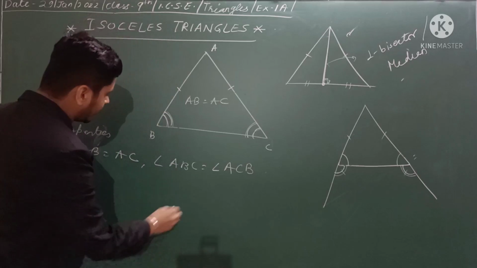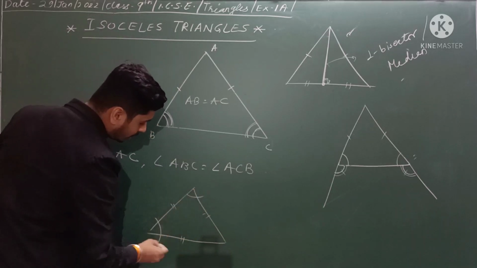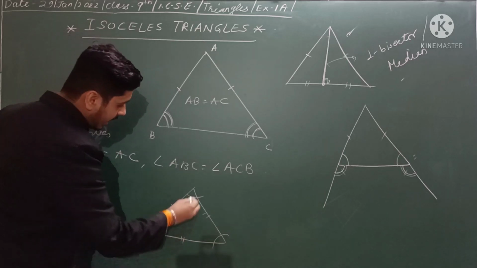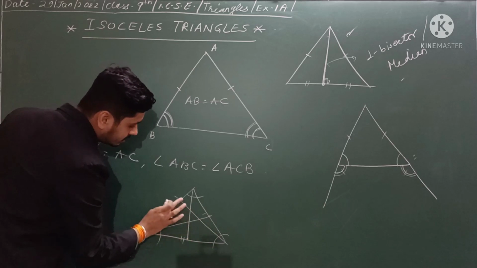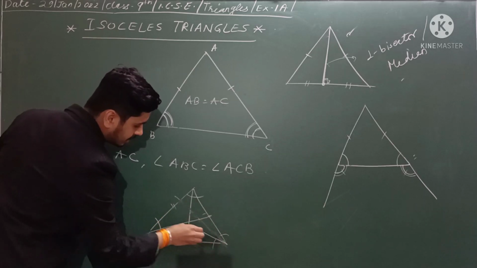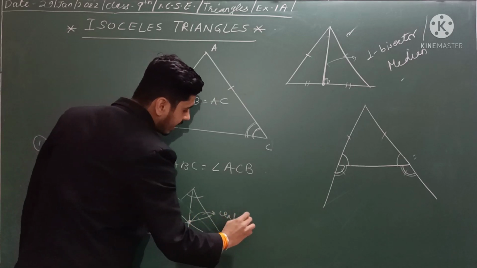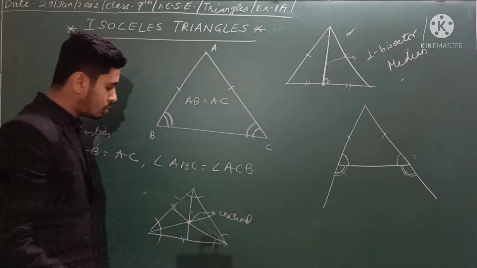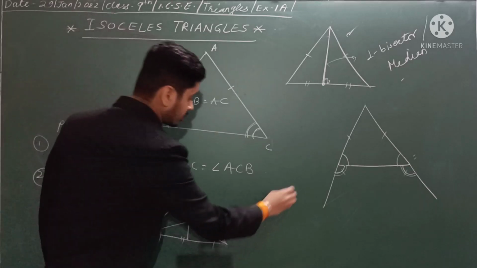And you know about the equilateral triangle, that all the sides are equal and all the angles are also equal, and all the three medians meet at one point, which is called the centroid, and the orthocenter also meets at this point. You know the meaning of orthocenter, no?